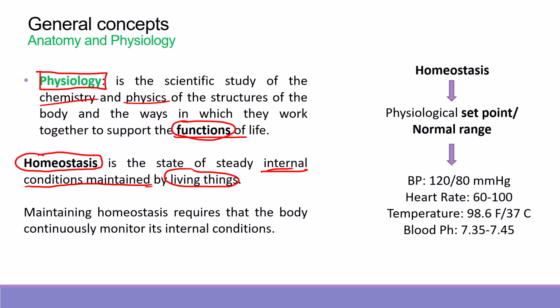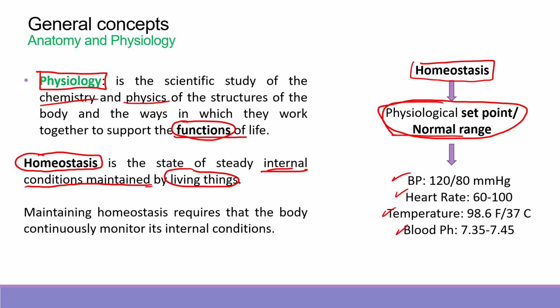All of these things are what we call physiological set points or normal ranges. These, once again, are things that your body needs in order for your organs to work properly. If your body is not able to maintain homeostasis, your organs eventually will fail, and that can lead to death.